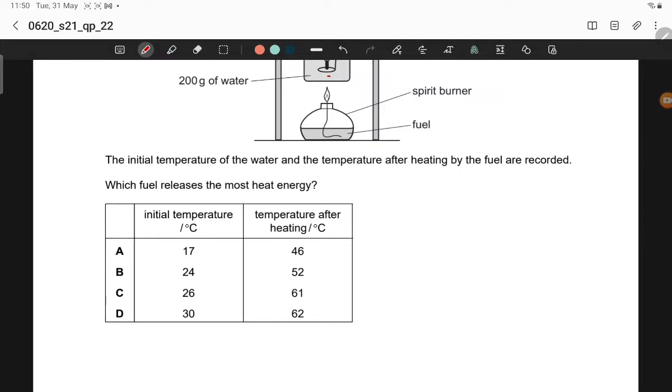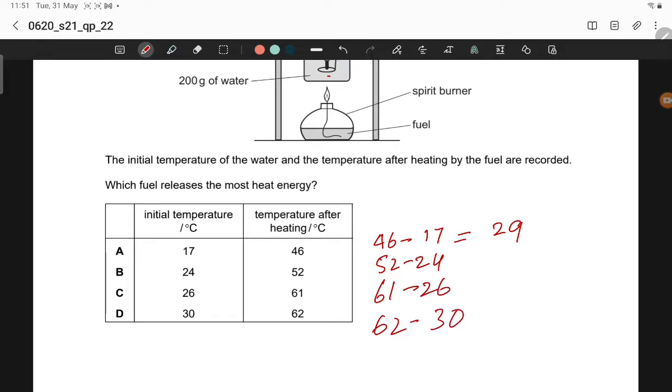Let's find the difference, the rise in temperature. 46 minus 17 is equal to 29. 52 minus 24 is equal to 28.